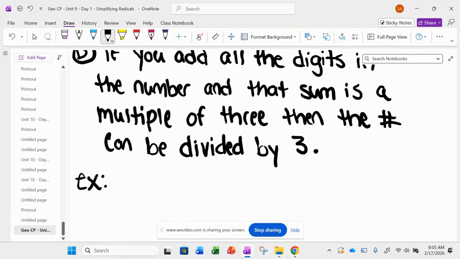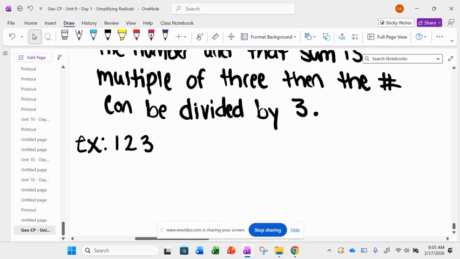Okay, an example would be 123. So what I'm saying is add all the digits. What does that mean? Add the digits.